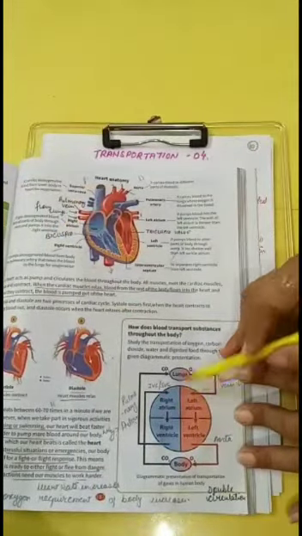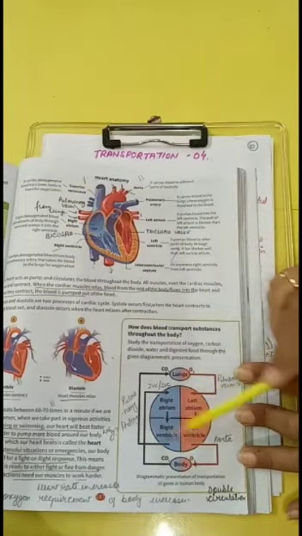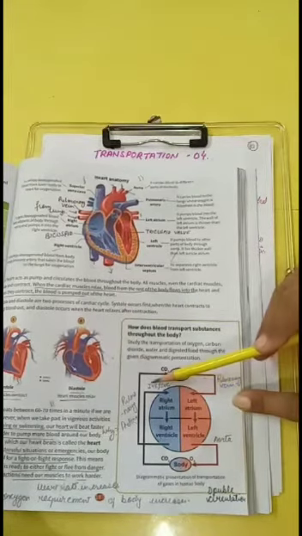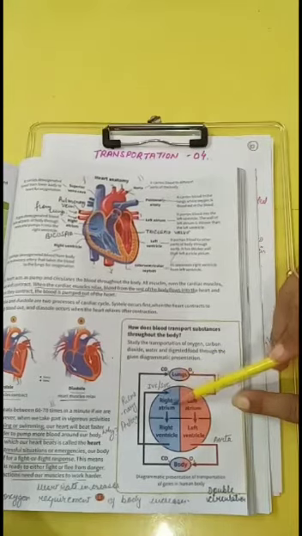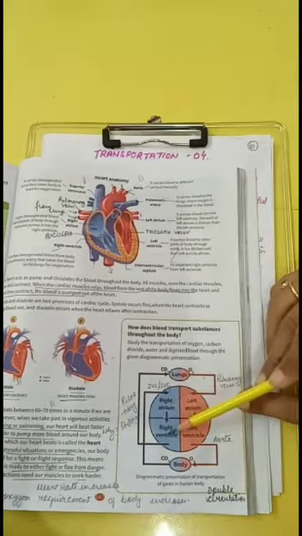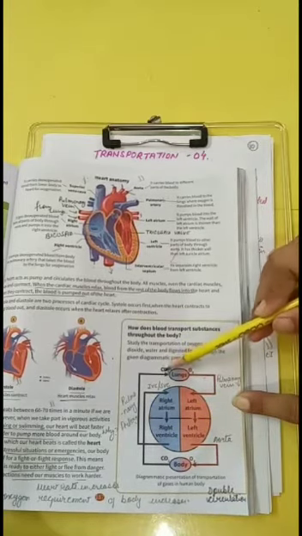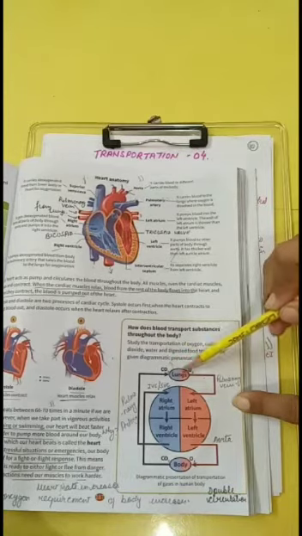This is the diagrammatic representation of our heart and the transportation of gases. Through inferior and superior vena cava, all of the impure blood is carried to right atrium, from there to right ventricle, then to lungs. In lungs, carbon dioxide is given out and oxygen is taken in.